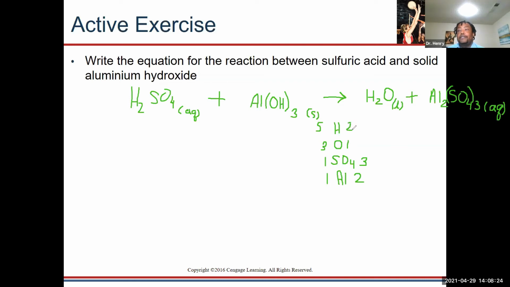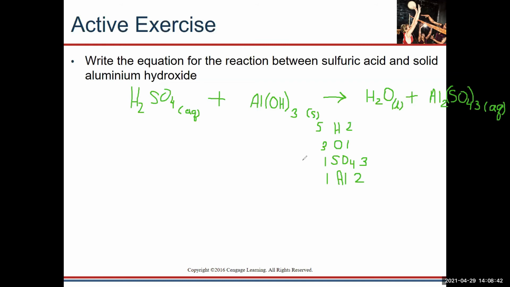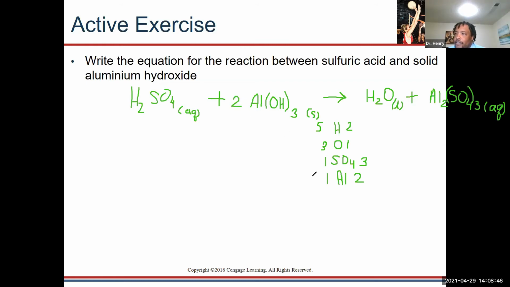Okay, is it balanced? No. What do I need to do? Start with that aluminum. How can I make it so that the aluminums are balanced? Put a 2 on the reactants, in front of the aluminum hydroxide.